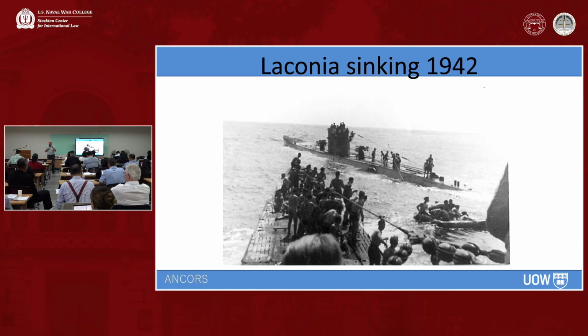But prior to that, Force Z. Force Z was the British sending out a battleship and a battle cruiser, HMS Prince of Wales and Renown.